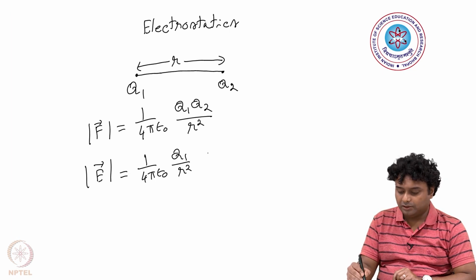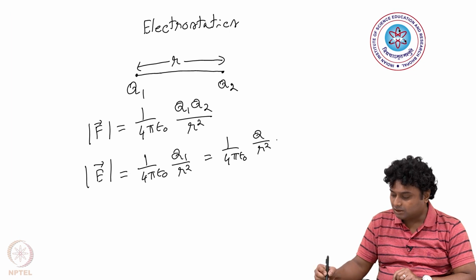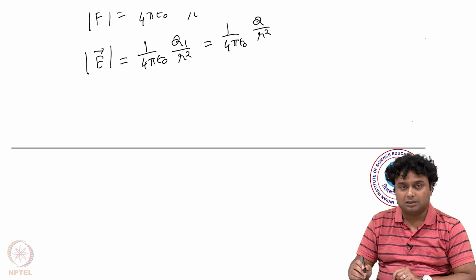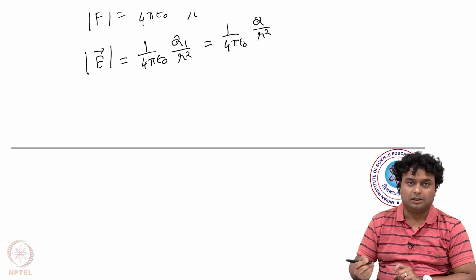Or in general, for a charge Q, it is 1 by 4 pi epsilon naught into Q by r square. Now you are also aware that work done, or energy, is equal to force into displacement.